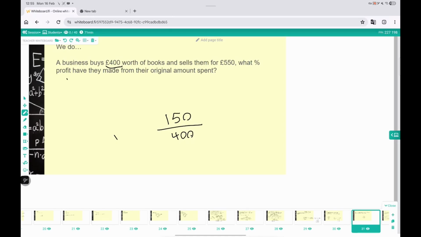You can just do 150 divided by 400 and you'll get the same result. I get 0.375. I'm actually not going to round that because it's a terminating decimal. It doesn't go on forever, so I'll keep it like that, which means my answer is 37.5%. If there's a particular amount you need to round to, you will be told.